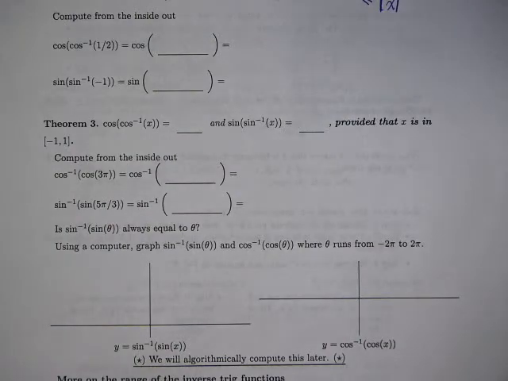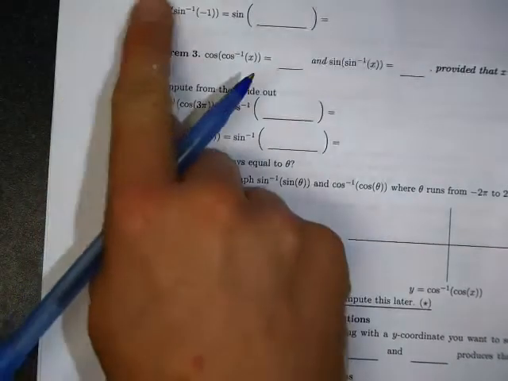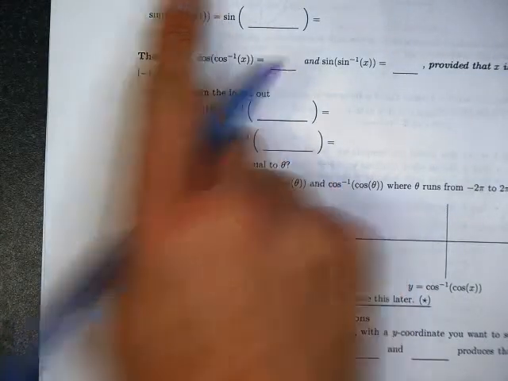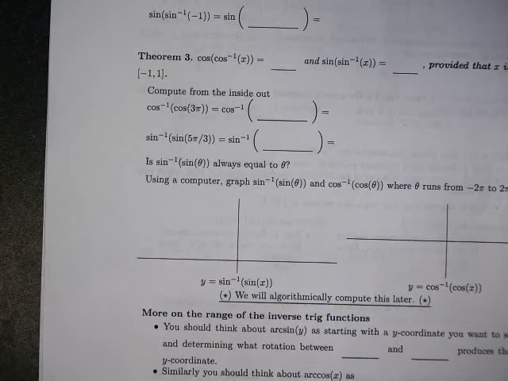So let's compute some stuff from the inside out. Let's try to compute the cosine of the inverse cosine of 1/2. Let's not try to be clever about it. Let's just use lookup tables. There's a lookup table for inverse cosine on the previous page. What's the inverse cosine of 1/2 by looking at that lookup table?